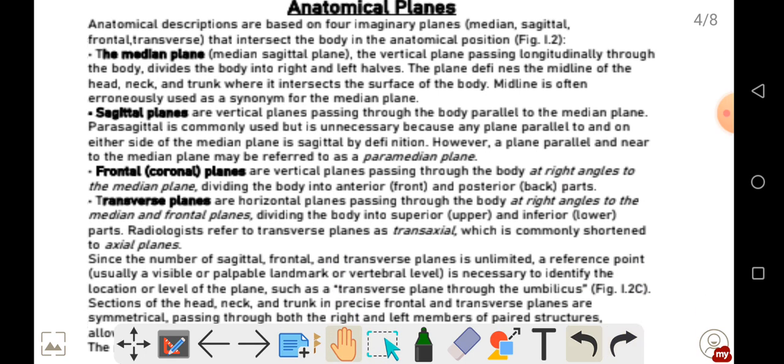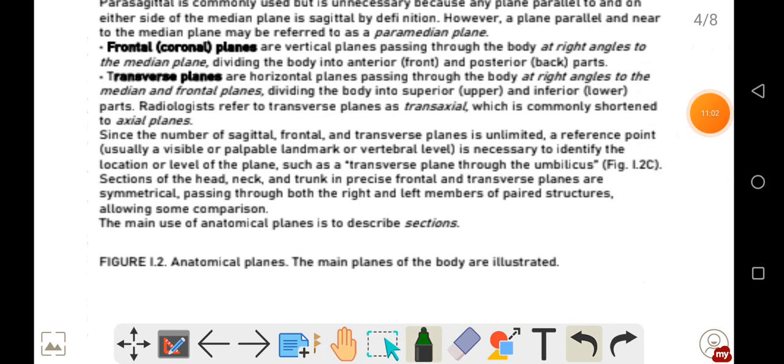So we go on to frontal planes. These are also known as coronal planes.